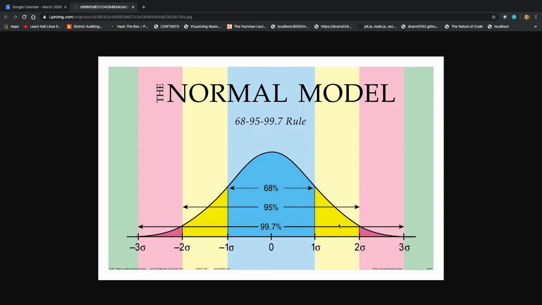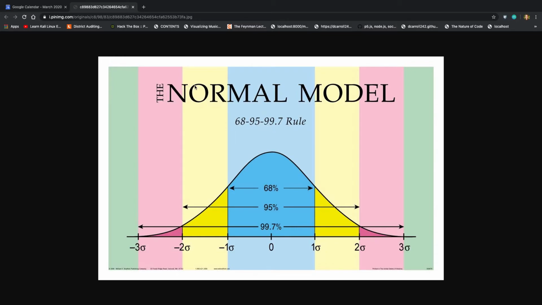Now the total area is 1, so these go on to negative and positive infinity. It's just a very, very small piece, 0.3% of that data, that fits on the outsides there. This is very interesting because you can answer a lot of questions in your head just using this rule.